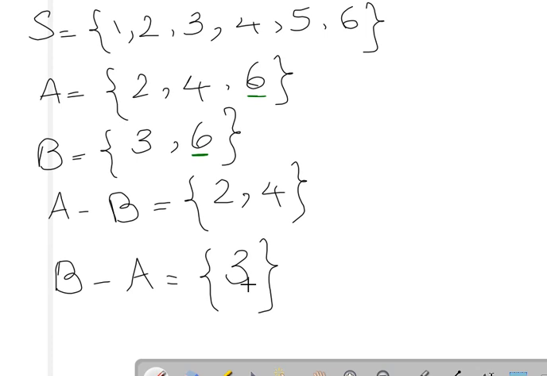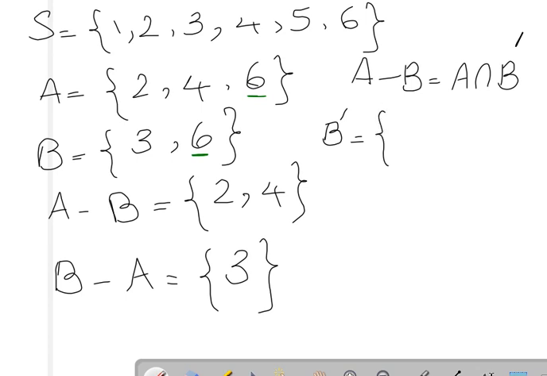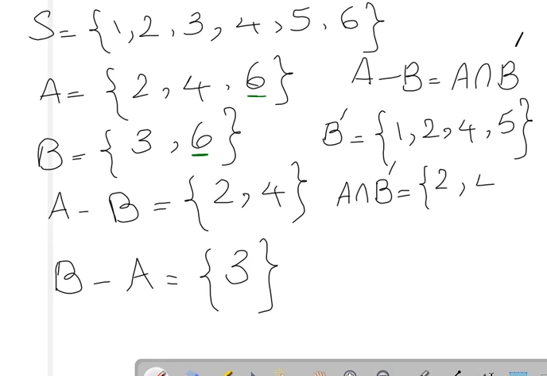Also, we can obtain these results from these equations. We should obtain B prime. B prime is all the outcomes in S that are not in B. So the intersection of A and B prime is 2, 4.